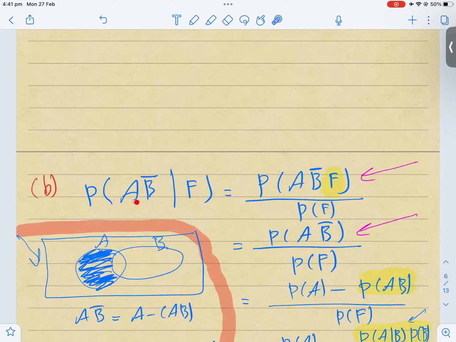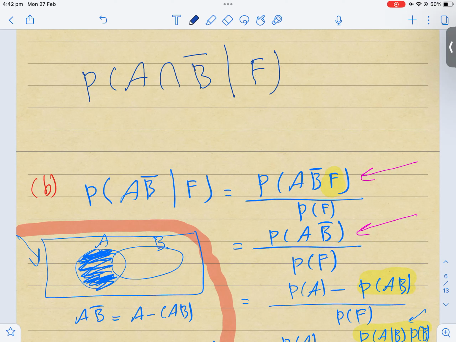Only means probability of A, power malfunction, intersection with no issue about the mechanical parts, B bar, or B complement, provided that we had the failure of the drone.